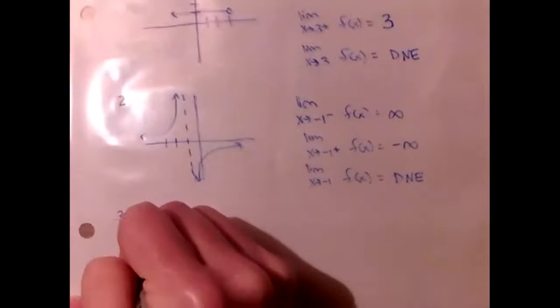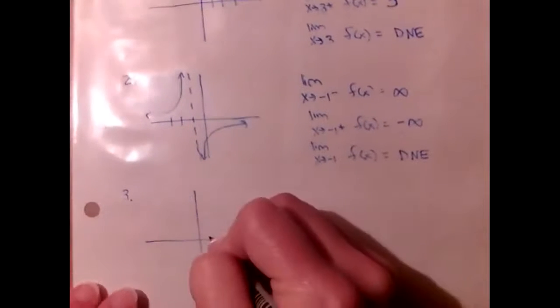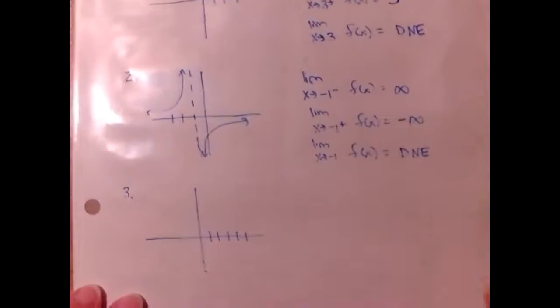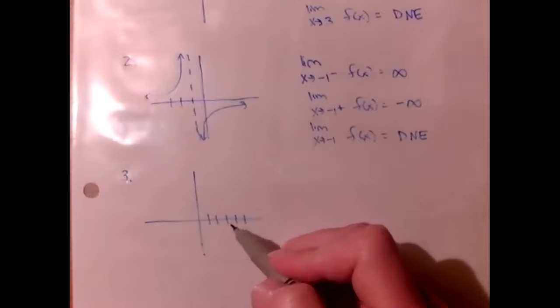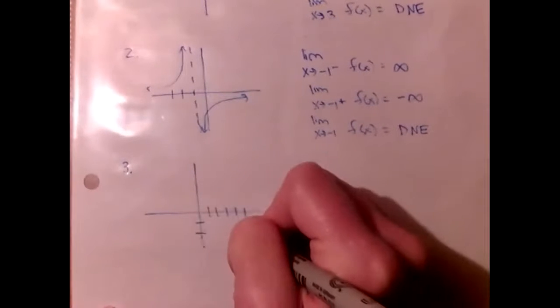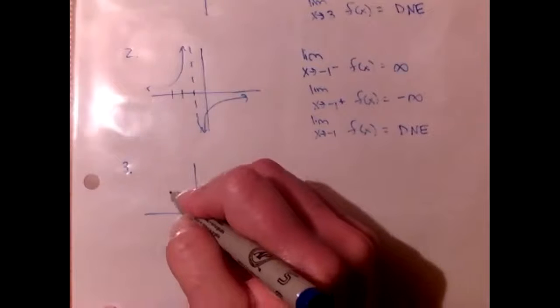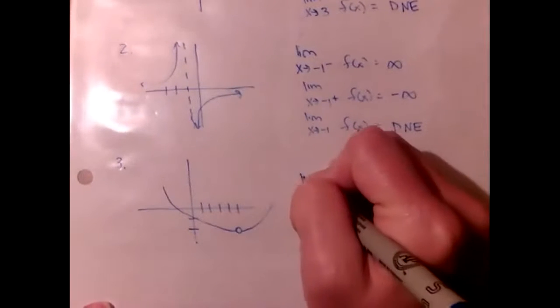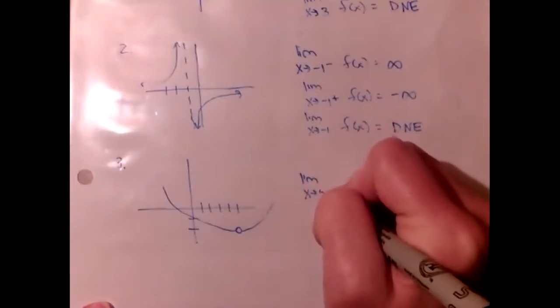And then the third one, I said to draw a hole at 5. As long as the x value is 5, it didn't matter where you put the y value. I'm going to draw mine right here. And the rest of your graph could do whatever you wanted. And then same thing for this one.